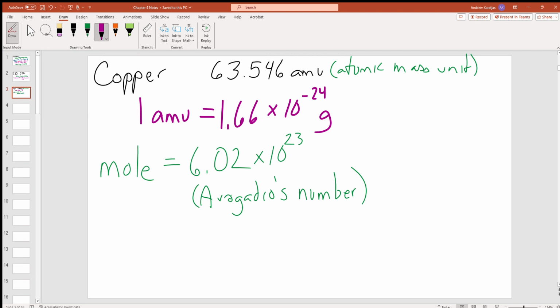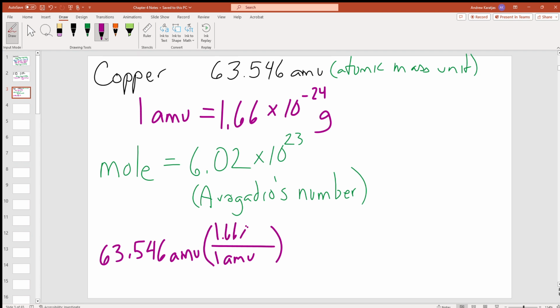That average copper atom, we just said, is 63.546 AMUs. So now we're going to convert from AMUs to grams. So 1 AMU is 1.66 times 10 to the minus 24 grams.